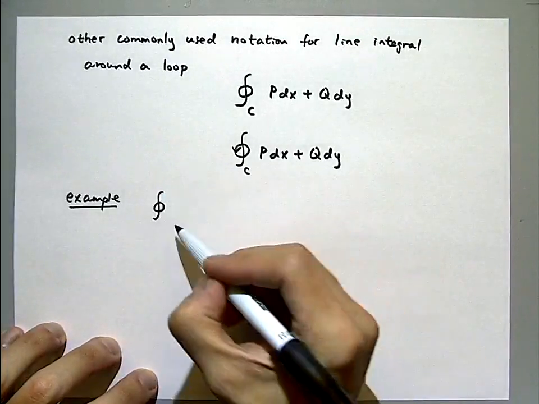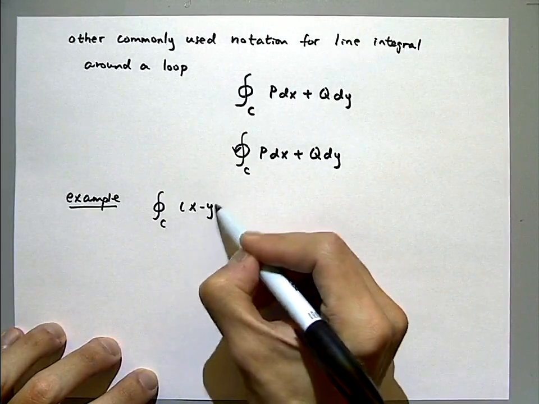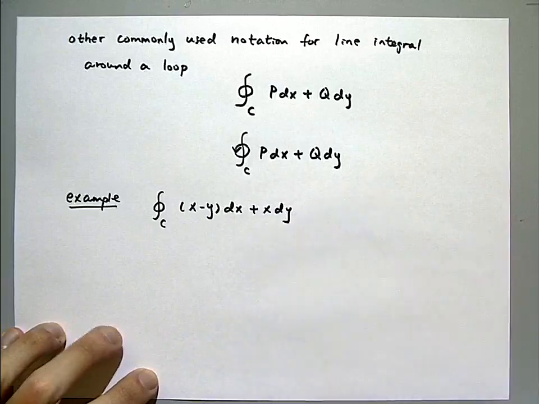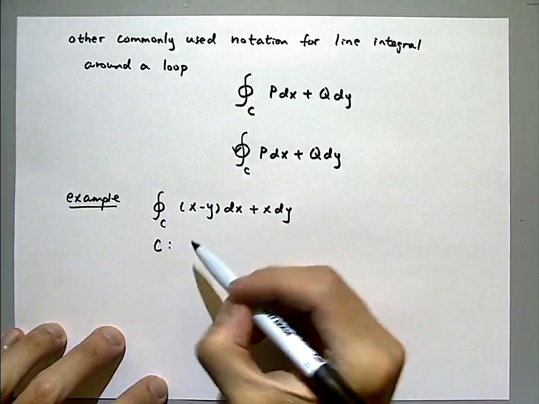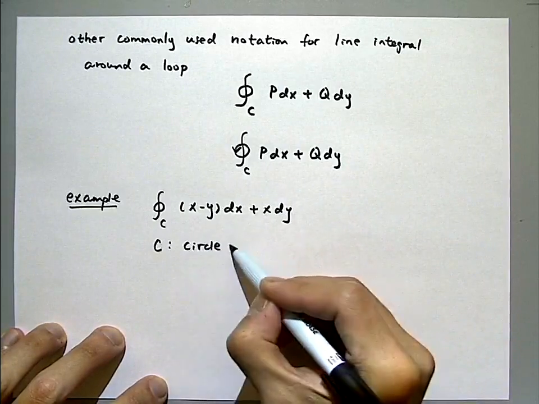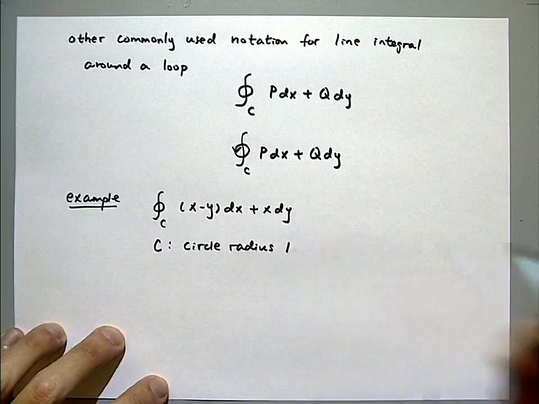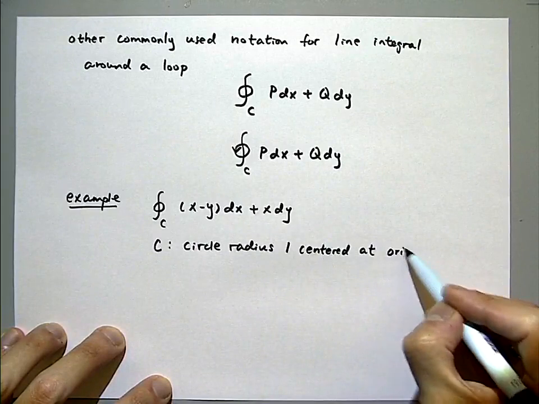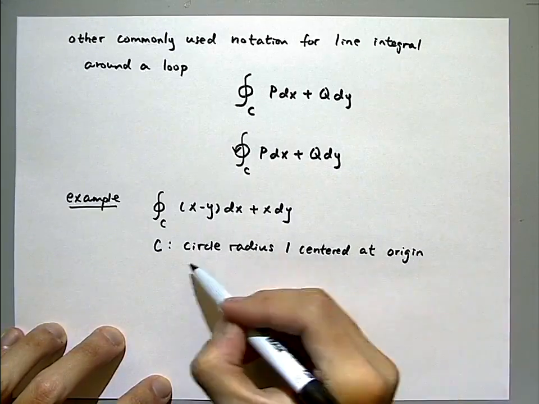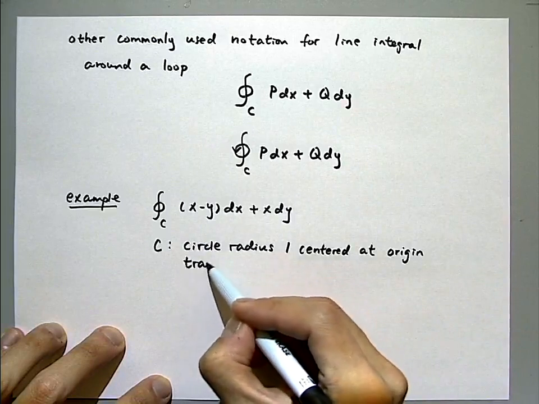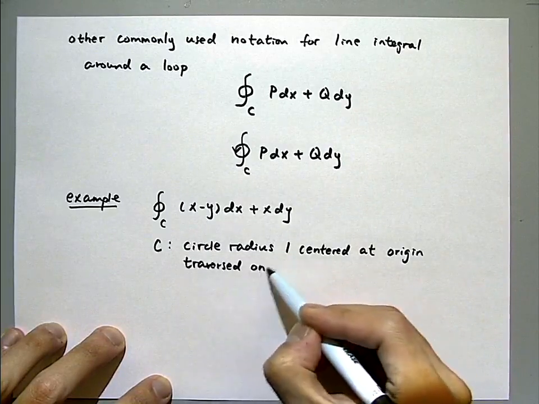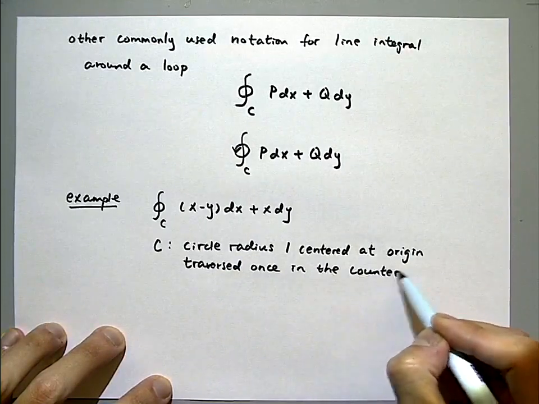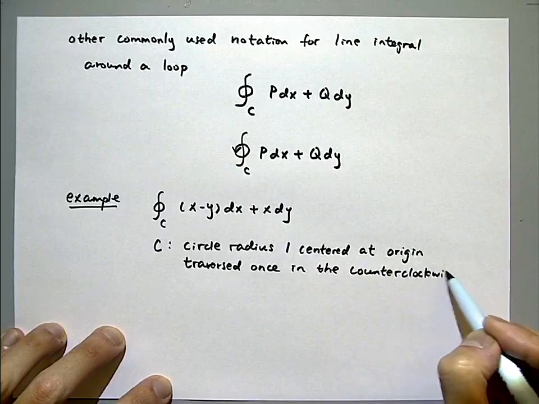Let's look at this line integral here: x minus y dx plus x dy, where C is a circle, radius 1, centered at the origin, traversed once in the counterclockwise direction.